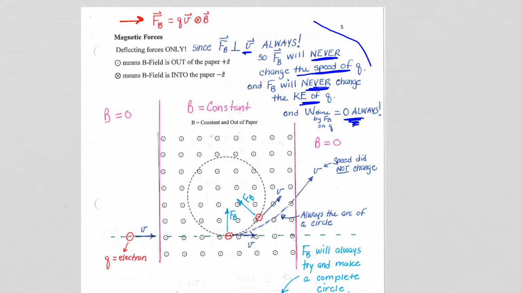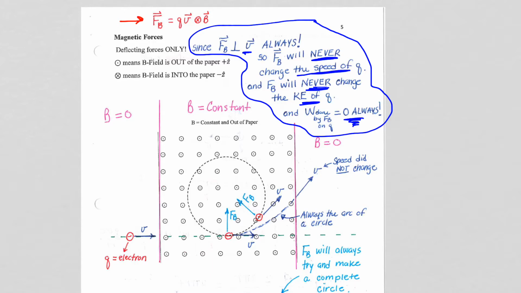So no matter what is going on in a problem, do not ever let yourself lapse into the notion that, well, this problem's different. In this one, the magnetic field is going to do work. No, it won't.